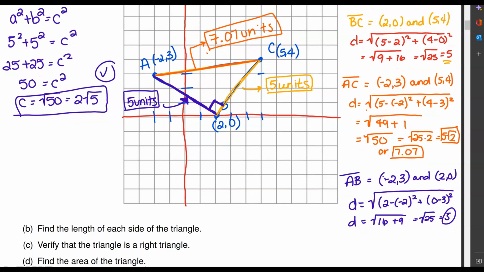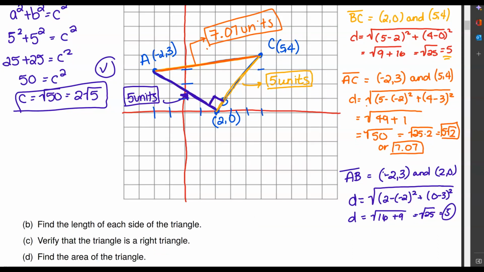All right, and lastly, let's find the area of the triangle. So the area of a triangle would be 1/2 base times height. We already calculated the base and the height. So if you imagine rotating this triangle, it would look like this, so that you can see here's my base, here's my height, and then here's 5 root 2. This would have been that diagonal.